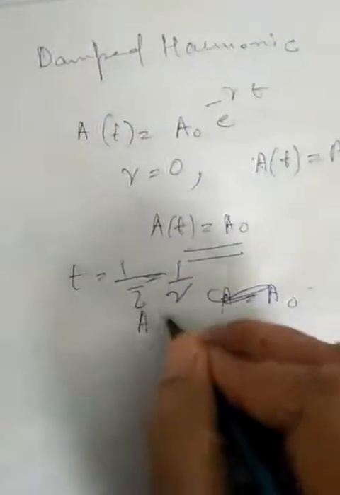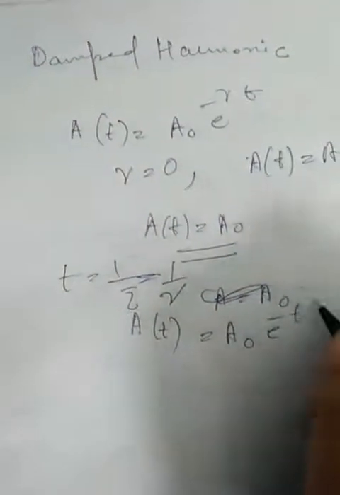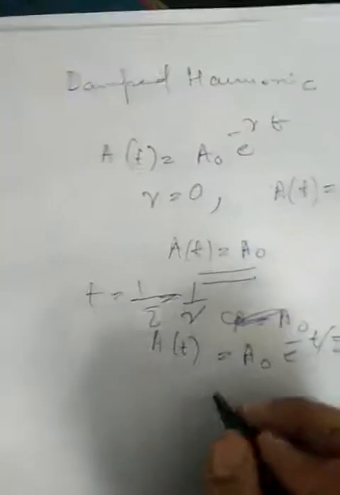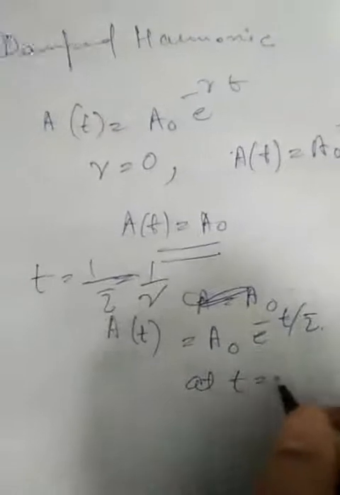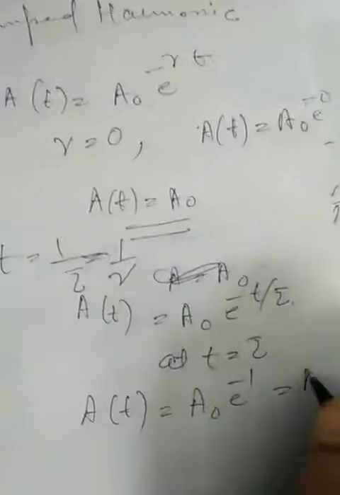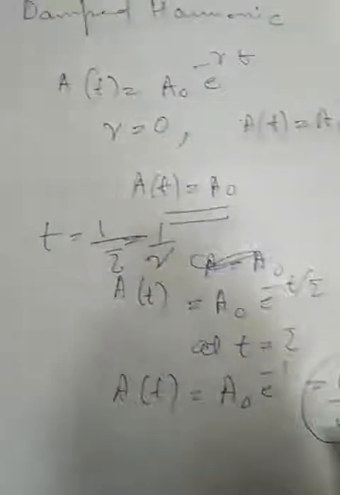So let us say A(t) is equal to A naught e raised to power minus t upon tau. At t is equal to tau, A(t) will be equal to A naught e raised to power minus 1, that is equal to A naught upon e. That means A naught is the initial amplitude, so the final amplitude will have decayed to 1 by e times the initial value.